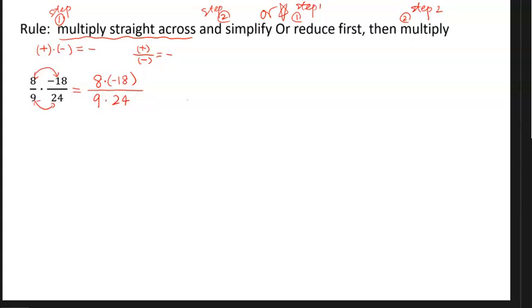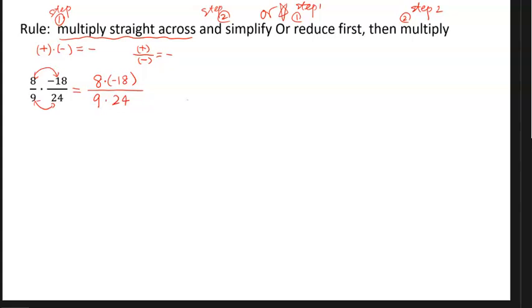We are actually going to reduce the numbers from the top and the bottom. So if we look at the top number, there is 8, and we look also at the bottom numbers, 8 and 9, we cannot find a common number that can go into both. And then we're going to look at 8 and 24. Again, when you reduce the numbers, it's one number from the top, one number from the bottom.